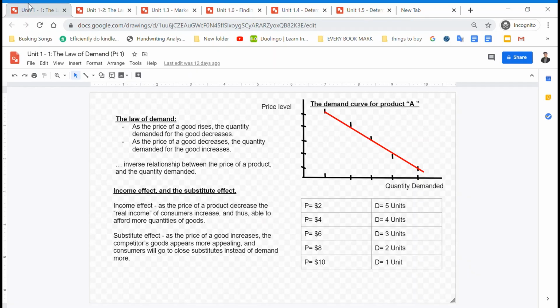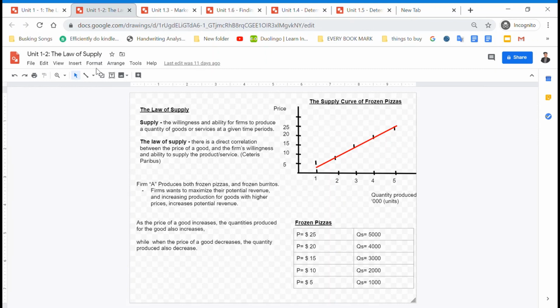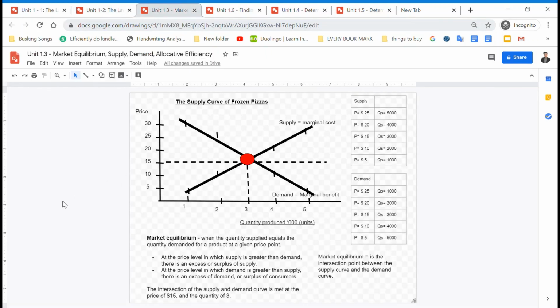From these 6 units, we are able to go through the basic concepts of the law of demand, the illustration of demand, the law of supply, and the illustration of supply. We're able to go into the market equilibrium, how to calculate equilibrium, and the equilibrium price and quantity.